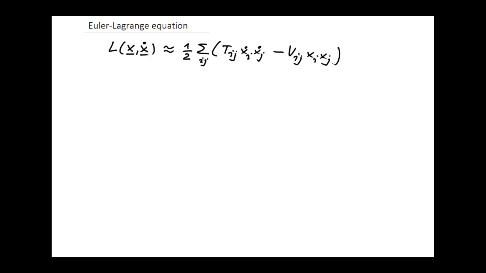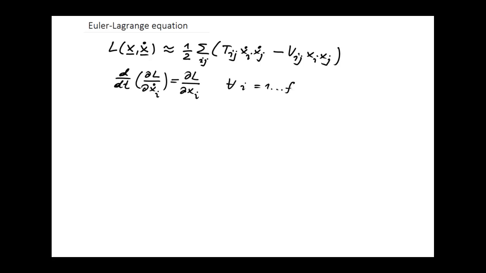The Euler-Lagrange equations read: derivative with respect to time of the partial of L with respect to xi dot equals the partial of the Lagrange function with respect to xi. And this holds for all i going from 1 to f.